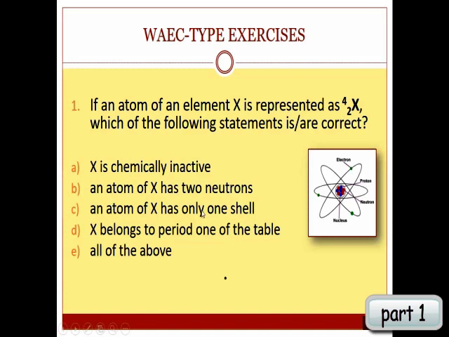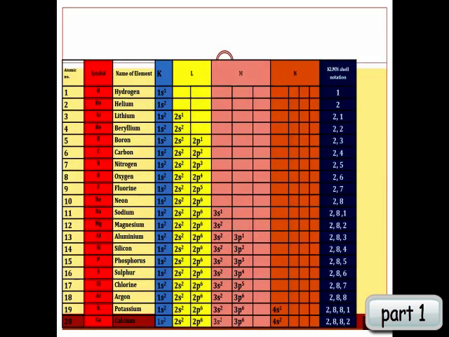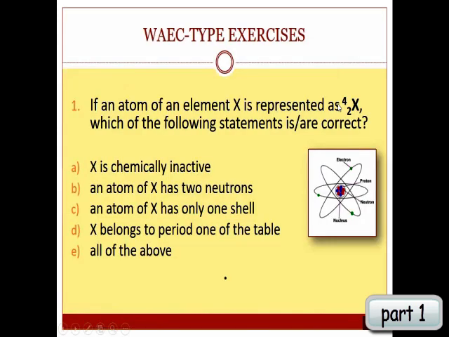Option C: an atom of X has only 1 shell. If you go back to the configuration for helium on your chart, helium is number 2 up here, and you see the configuration has just 1 shell, the K shell. So option C must be correct. Option D: X belongs to period 1 of the table.